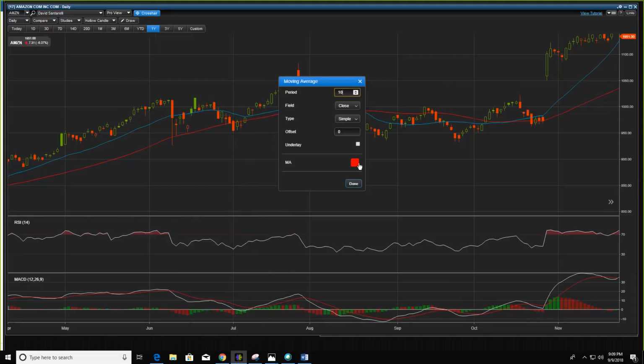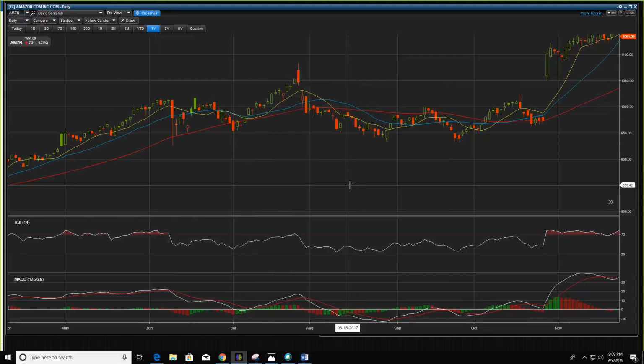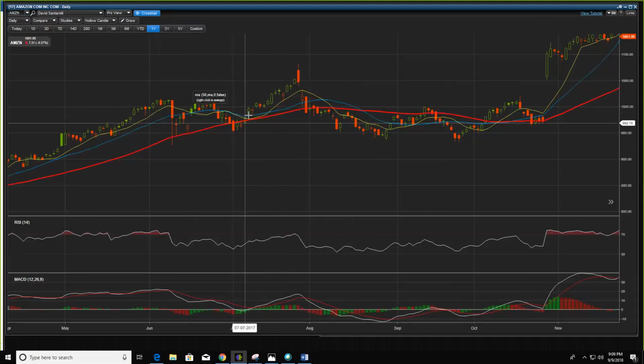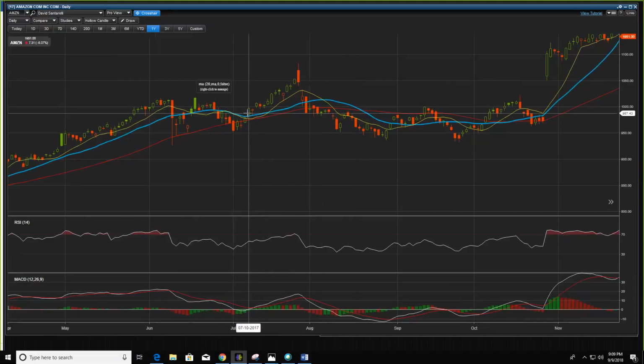Let's make this yellow. So here we go. So we're looking for the first time the stock closes above all three of those SMAs. So we could either get an entry signal right here on 7/10 of 2017 or 2 days later. So let's say we entered here on 7/10.